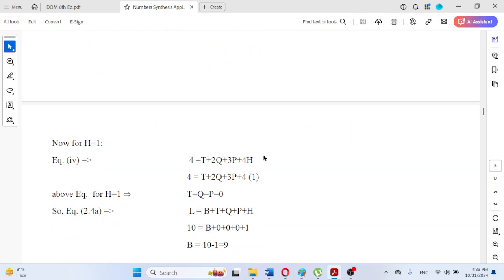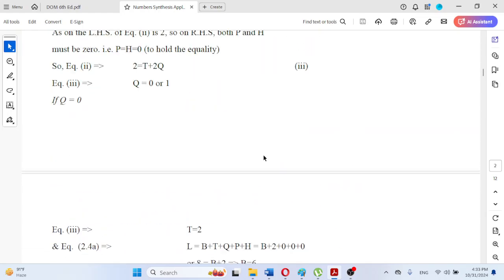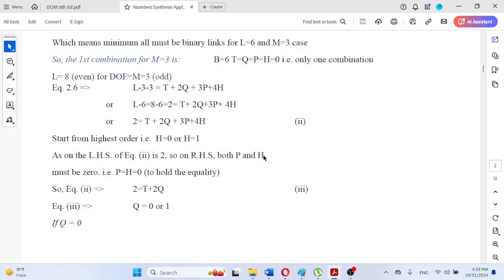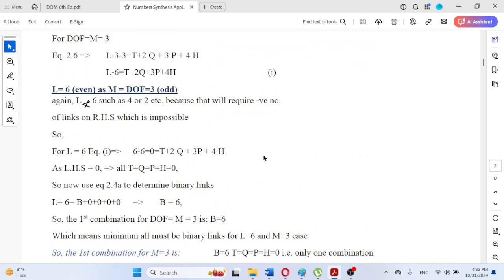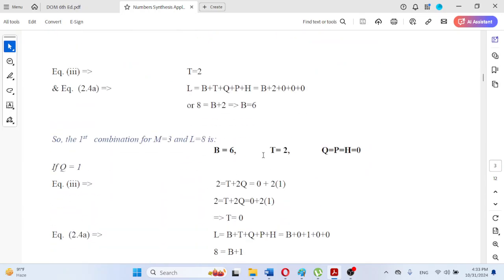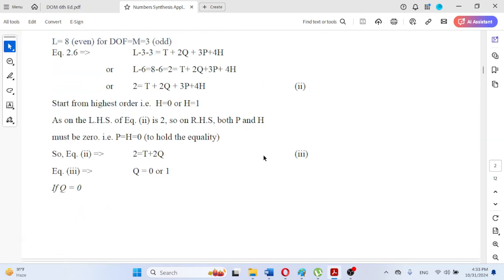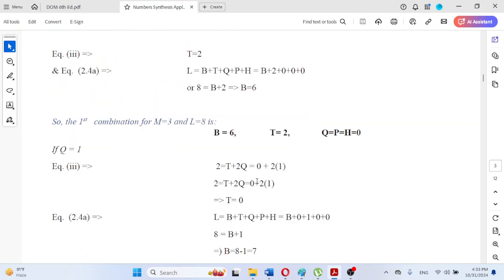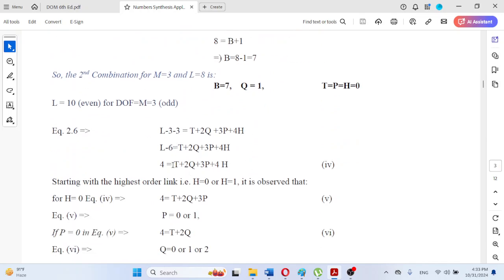So for H is equal to 1, we can see from the starting equation, equation number 4, where we had said that H can adopt 0 or 1 value.